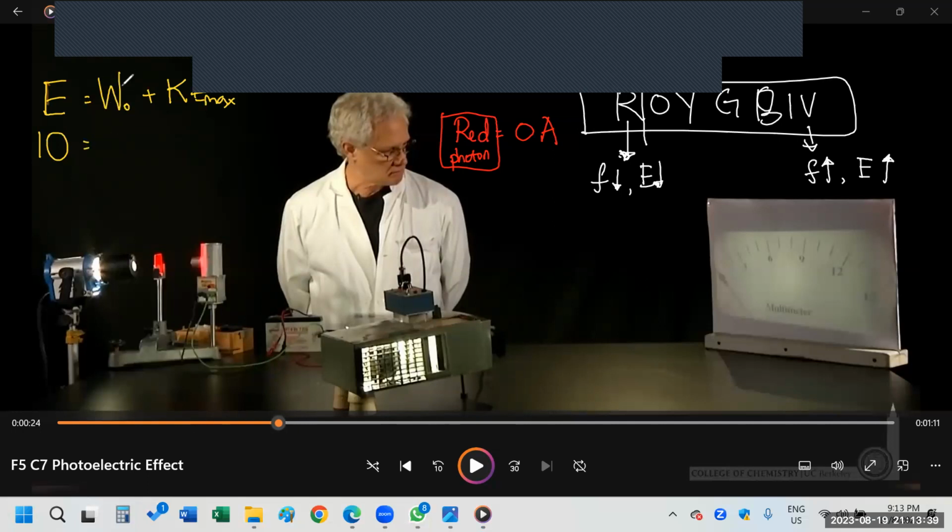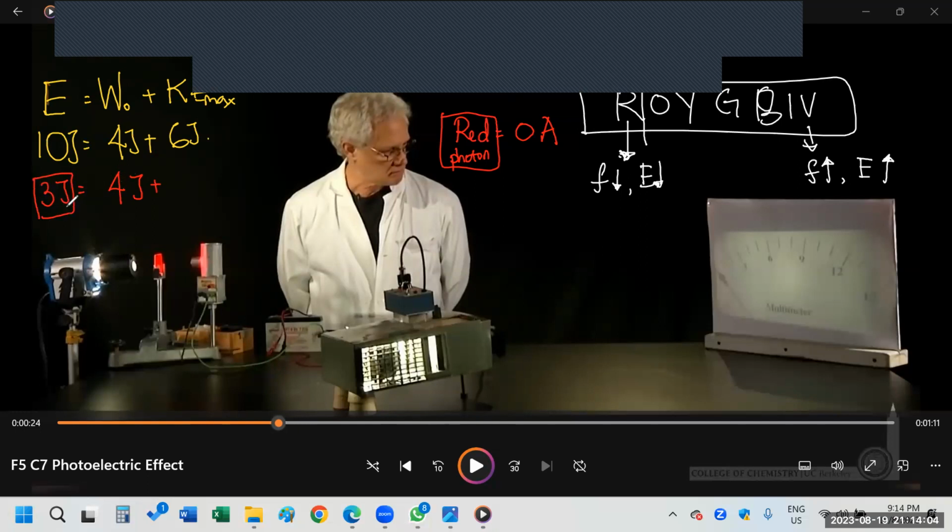Then the work function is at least 4, so the kinetic energy will be 6 joules. But for red, it might have only 3 joules of photon energy.